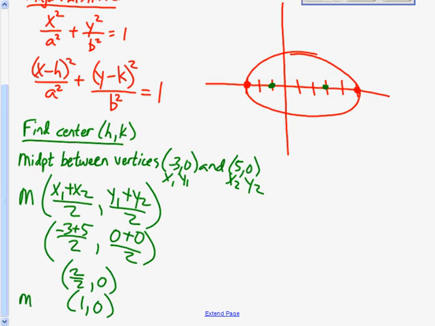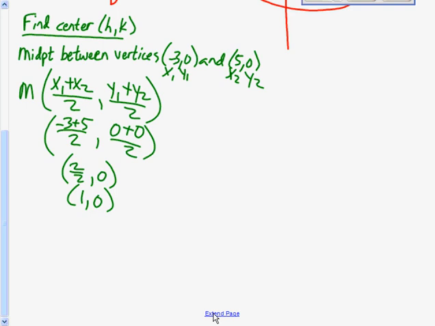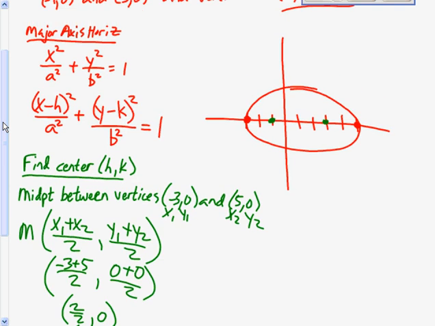All right, there's our center, there's our (h, k). So we've got (1, 0). We're like, oh yeah, that makes sense. (1, 0) is right between those foci, right in between those vertices. So now we know (h, k) is (1, 0).